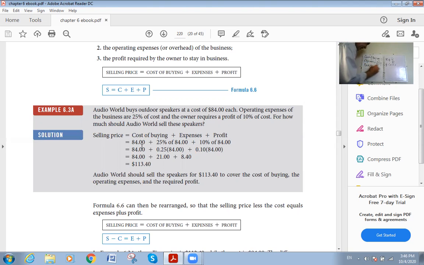Profits equals 10% of costs. Great, that's fine. So we have here now the combination or the elements on which the trader will decide.